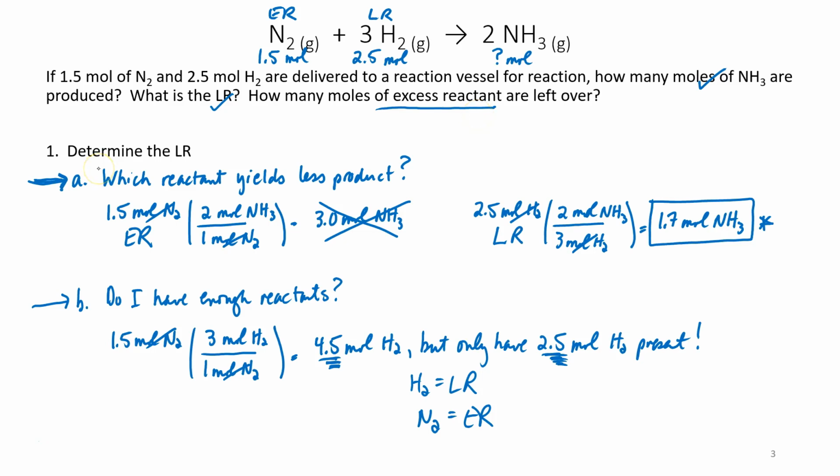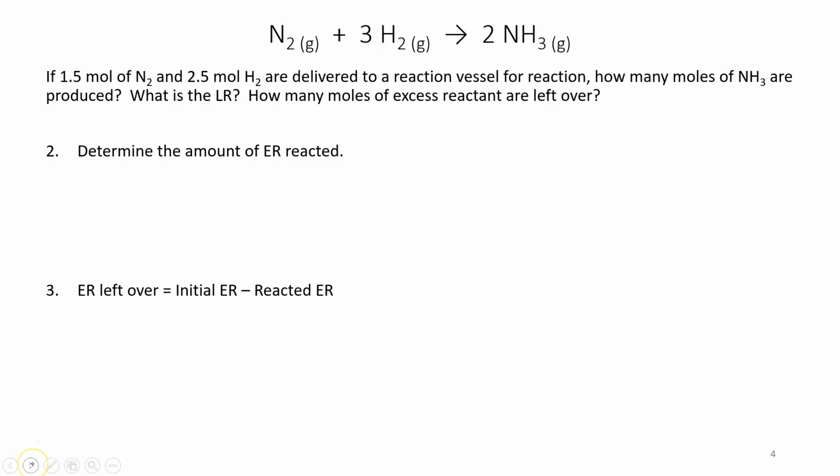So step 2 is to determine the amount of excess reactant reacted. And here we're going to start with the limiting reactant. And remember, that was hydrogen. Remember, the limiting reactant determines the amount of excess reactant used. So start with the limiting reactant, that is hydrogen.